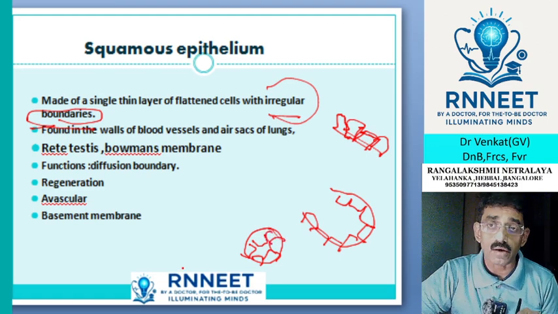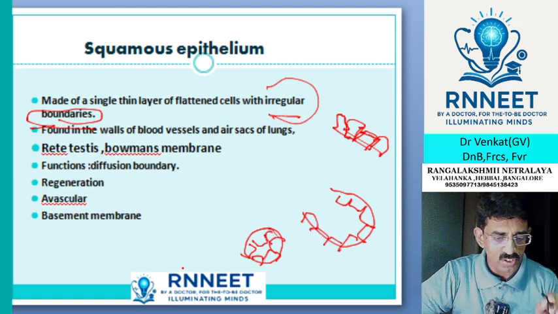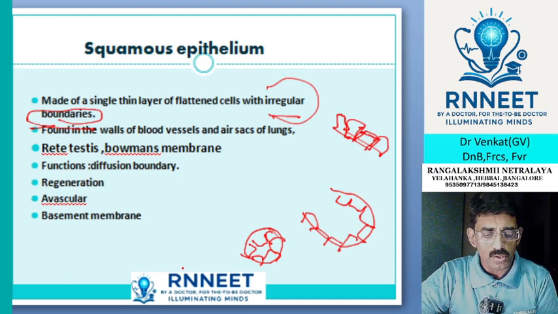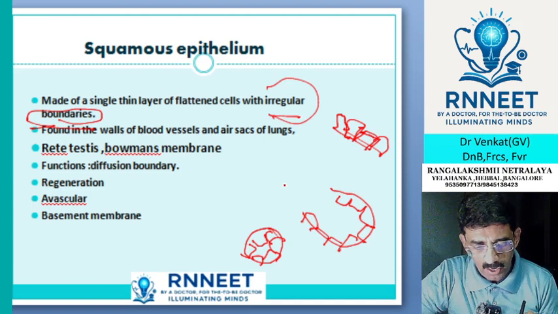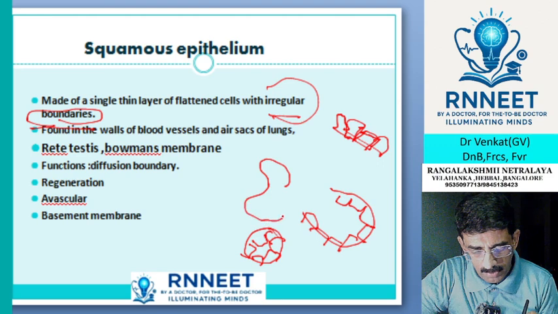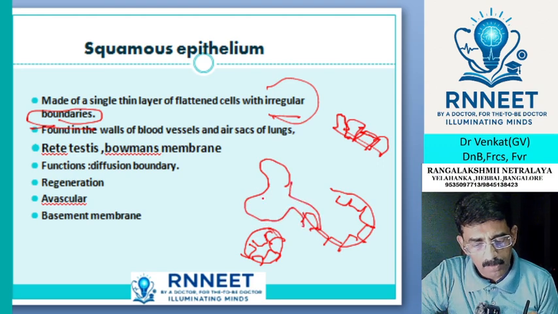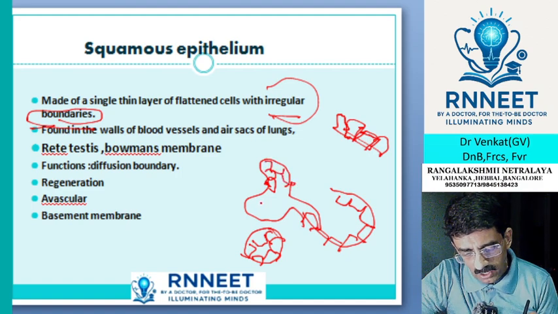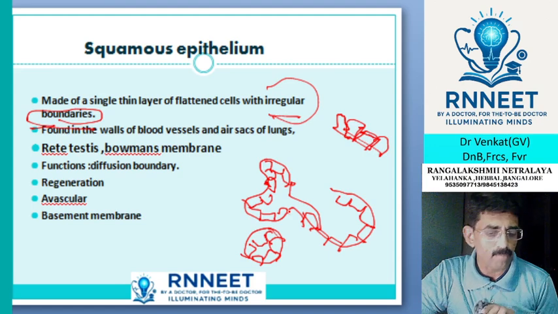So that is again a simple epithelium covering them. Another very simple structure is in the kidney. In the kidney you have the Bowman's capsule, and this consists of a single layer of epithelial cells. So this is again a simple squamous epithelium.